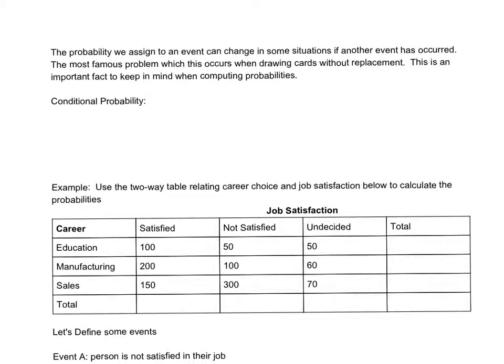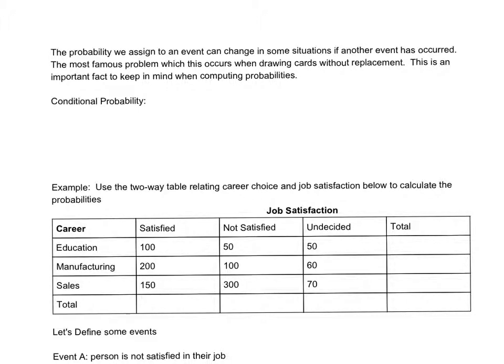Now, probability can change in some situations if another event has occurred. The most famous problem is drawing cards without replacement. If I draw a card and I want to know the probability of drawing a king and then another king without replacing the card, it changes the second probability because I now have 1 fewer possible king and I have fewer cards left in the deck.